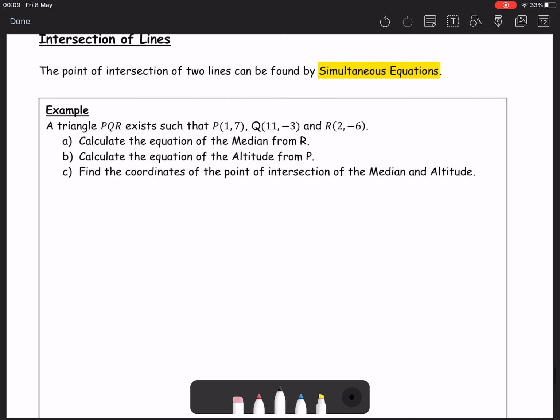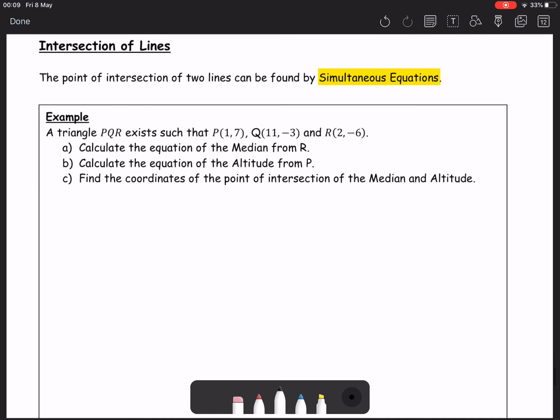So again, what I'm going to do is start with a quick wee sketch. So triangle PQR exists. Create a wee bit of space up at the top here.